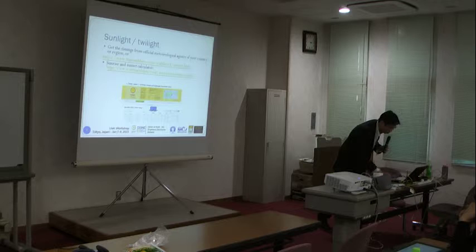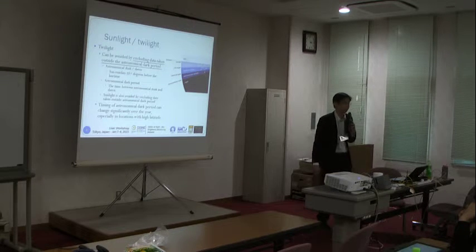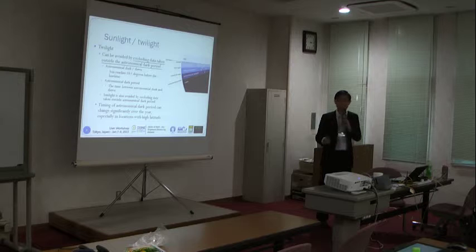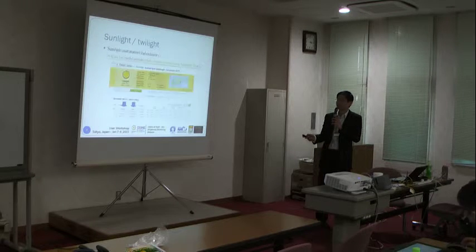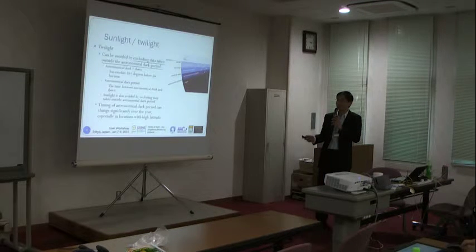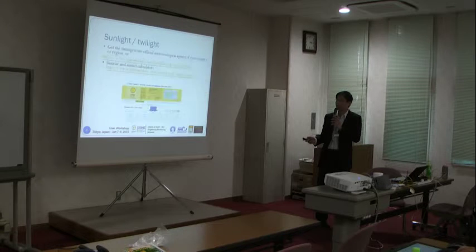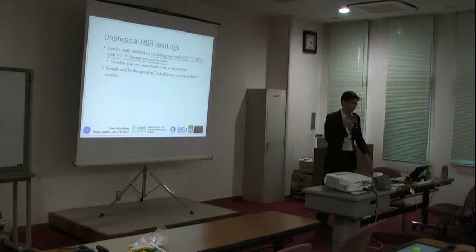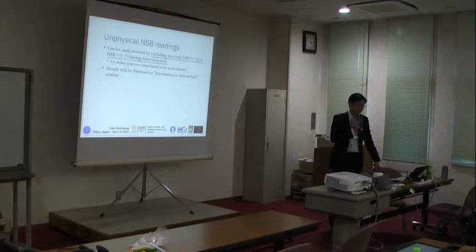Actually, if you remove the data taken during twilight, you also automatically remove the data taken under sunlight. So maybe we can skip this slide and just remove the data outside the astronomical dark period. Okay, easy. And then we discuss the physical reading.